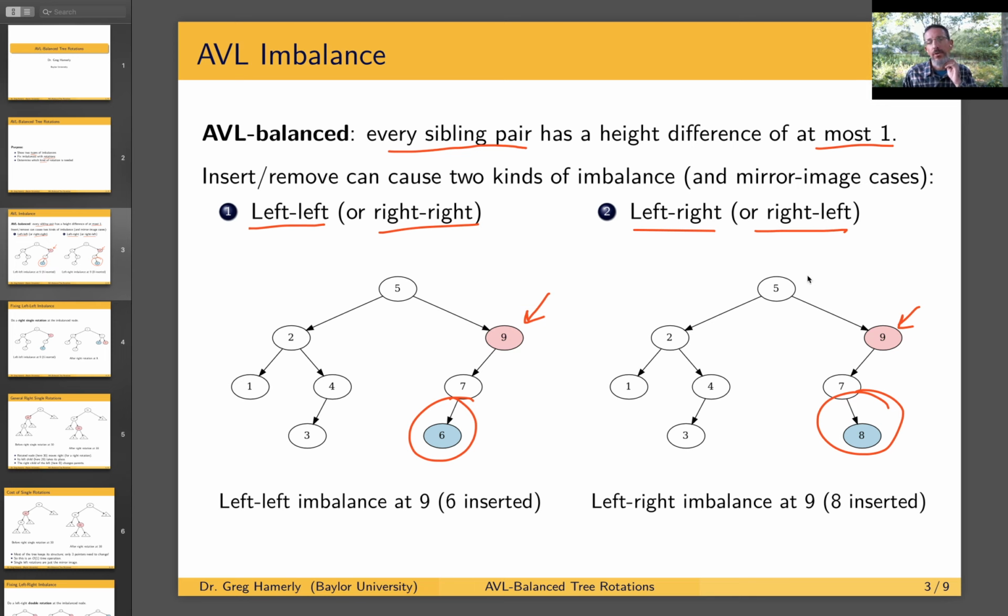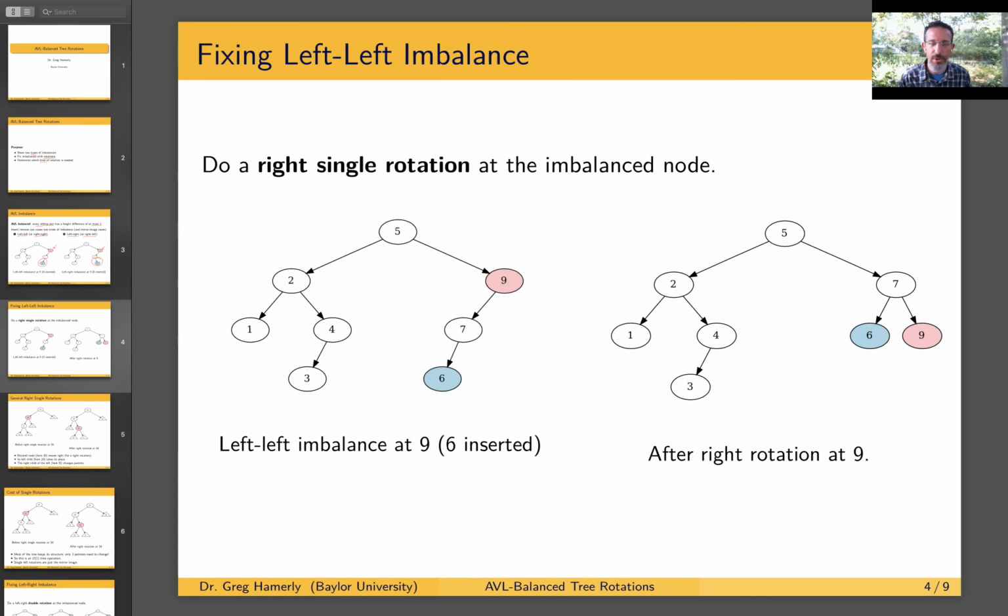Okay, so we need to be able to fix these imbalances as soon as they occur. So if we did an insertion, we need to be able to fix that. It's quite simple, at least conceptually, to fix the left-left imbalance. What we do is a single rotation to the right, or a right single rotation at the imbalanced node. Here the imbalanced node is 9.